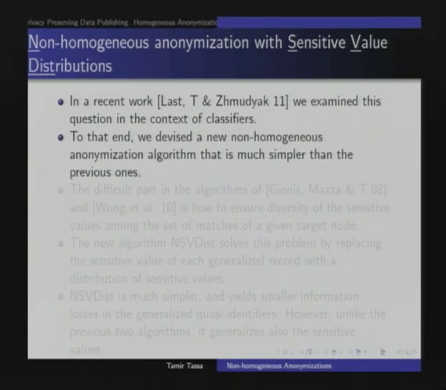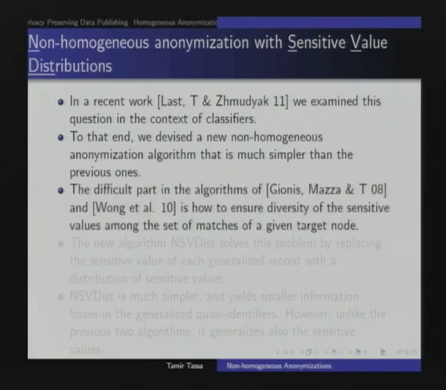To that end, we devised a new non-homogeneous anonymization algorithm. The reason is that both our algorithm and that of Wong et al. were not simple when it came to enforcing L-diversity. I did not describe this aspect of the algorithm.